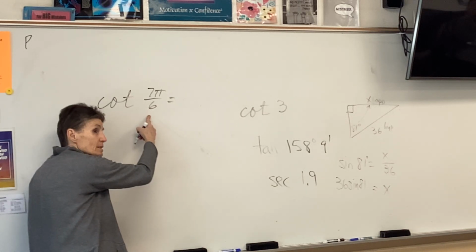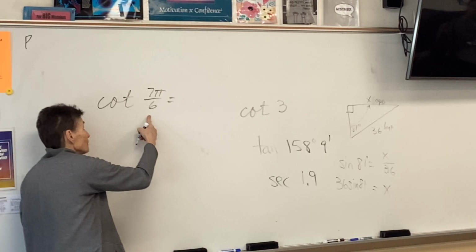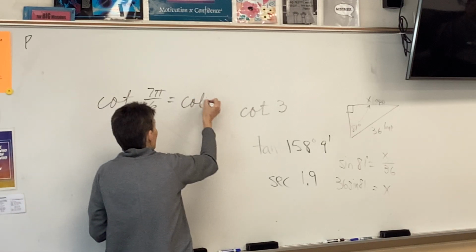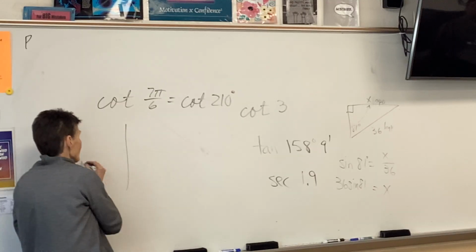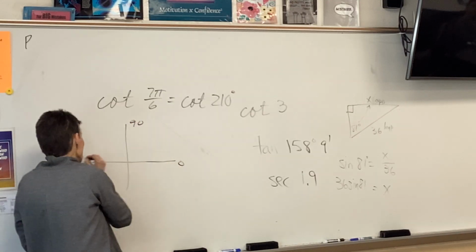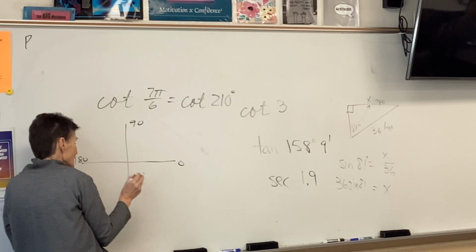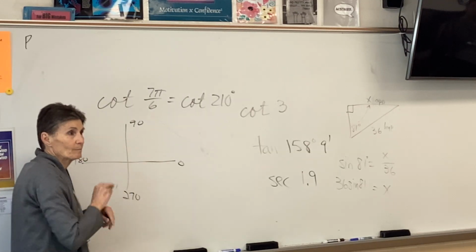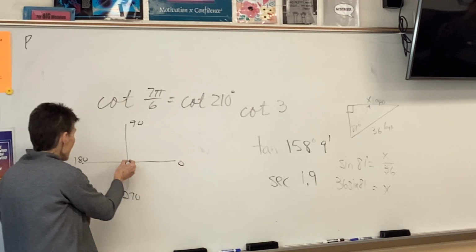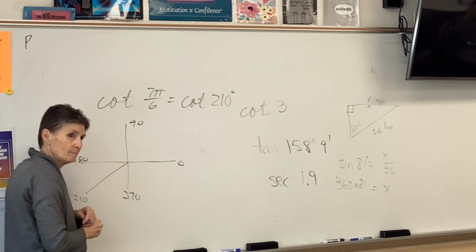I could change this to degrees if it makes me more comfortable. So that would be 210. And then I remember that when I'm doing regular math, not navigation, regular math, these are my labels. 210 would be right here, that's 210.